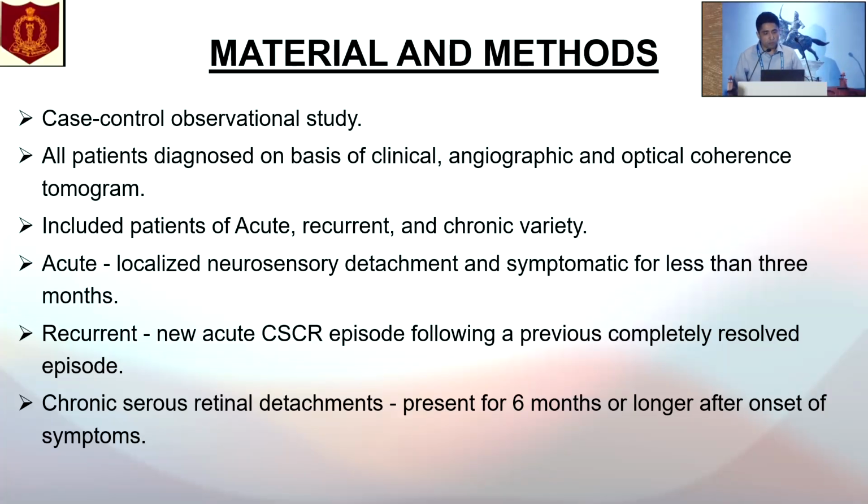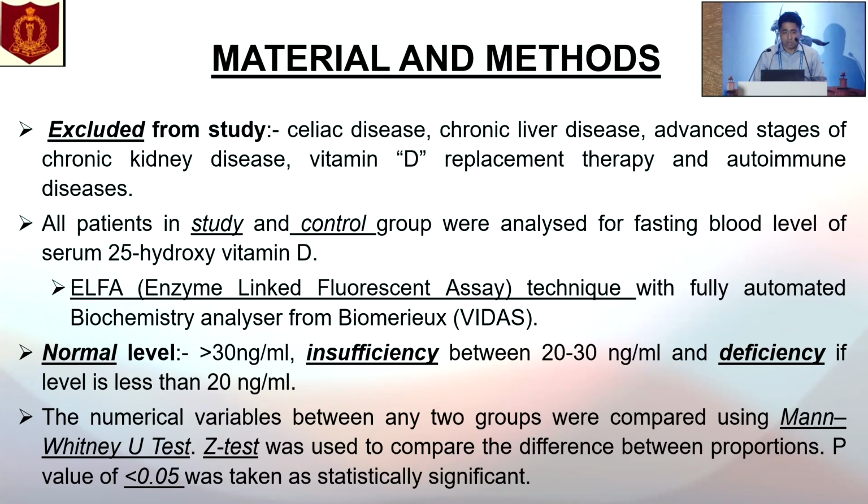Acute is localized neurosensory detachment symptomatic for less than 3 months. Recurrent is a new acute CSR episode following a previous completely resolved episode, and chronic is present for 6 months or longer after onset of symptoms. We excluded patients who have celiac disease, CLD, advanced stages of CKD, vitamin D replacement therapy, and autoimmune disease.